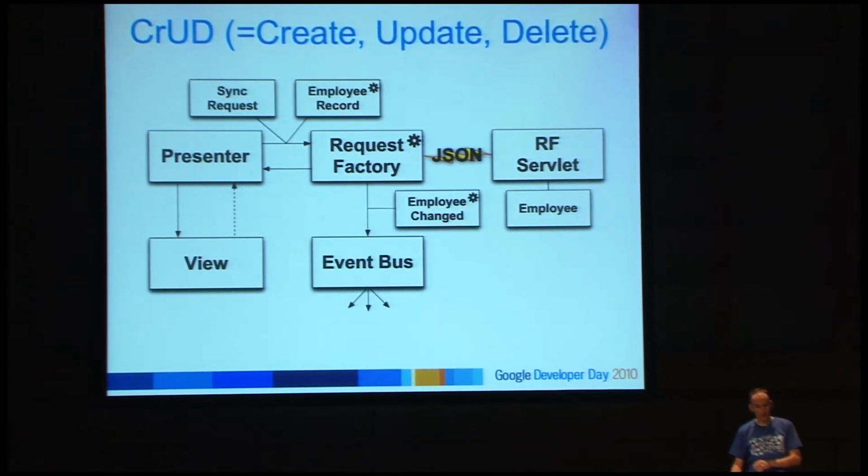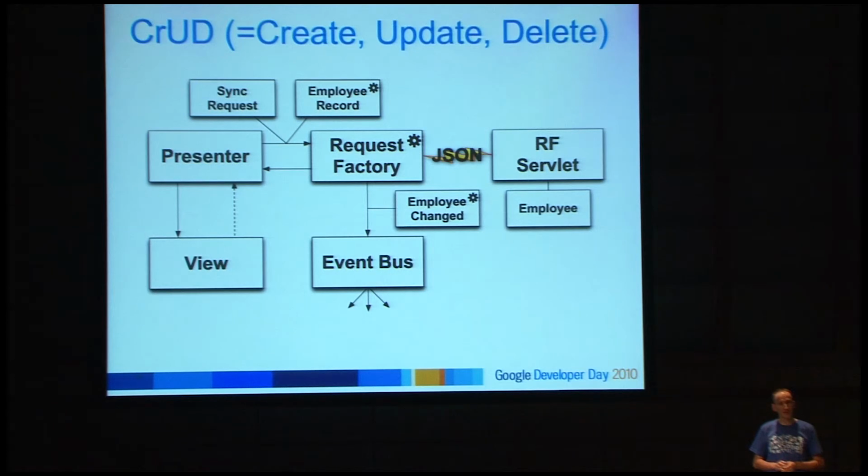So let's look at something a little more complicated. Let's look at the write case: update, delete, and create. So again, we start in the client with the presenter, but we have a new object called sync request. These sync requests can handle many types of use cases.